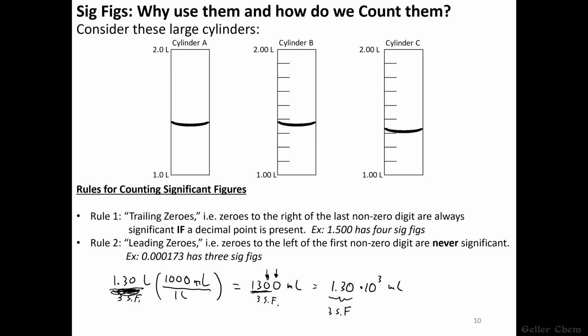As for that 10 to the 3rd, the order of magnitude portion of this number, well, that's what we would call an exact number. And exact numbers are not subject to significant figure considerations because they are perfect and have no inaccuracies to them. We most often see exact numbers when we're counting objects.